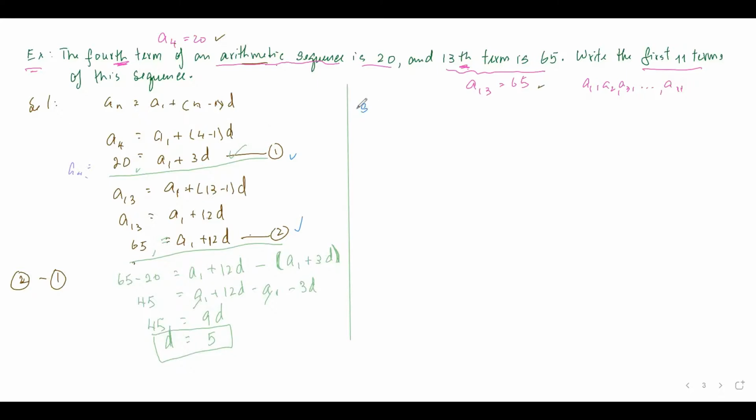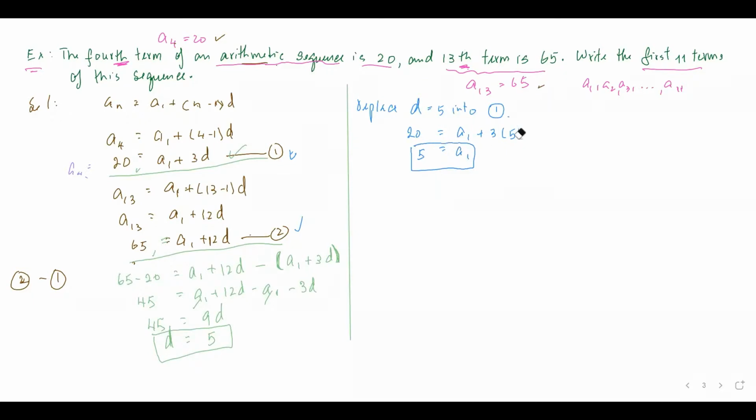So 20 equals A1 plus 3 times 5, which is A1 plus 15. Move 15 over and it becomes minus, so A1 equals 5. We got A1 equal to 5.